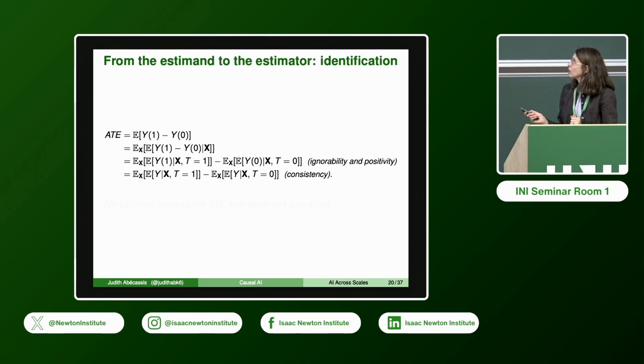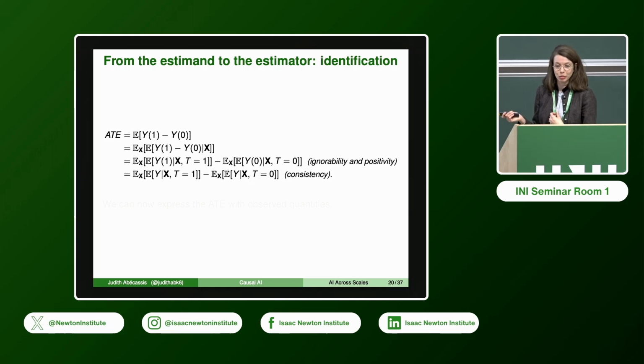So first, ignorability and positivity to condition on the covariate and the received treatment, and then consistency to have this link between the potential outcome in the right group of intervention, and we end up with conditional expectations that only depend on observed covariates that we are now going to see how to estimate.